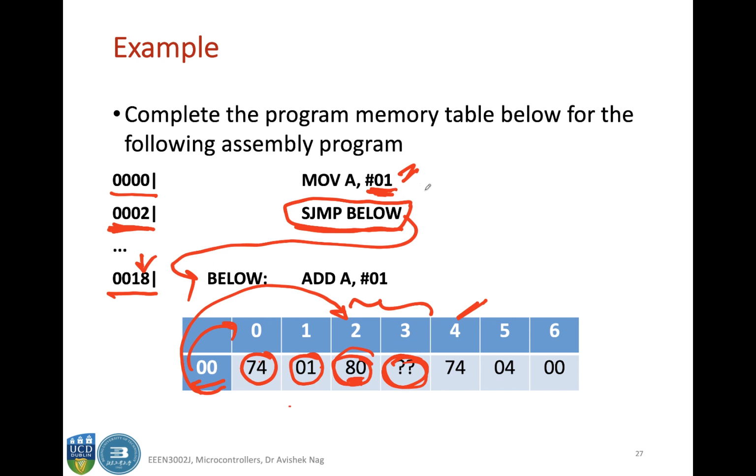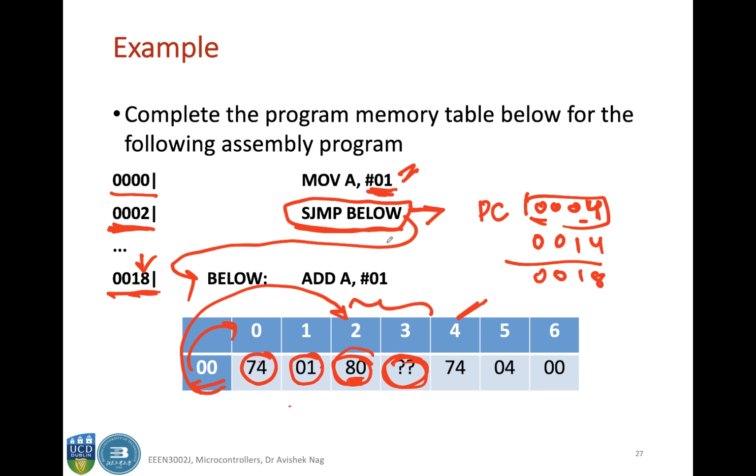So after this instruction is executed, the program counter will point to 0004. So what you need to add to this program counter, whose current value is 0004, so that it can reach this line, will be 0014, and then only it will be 0018.